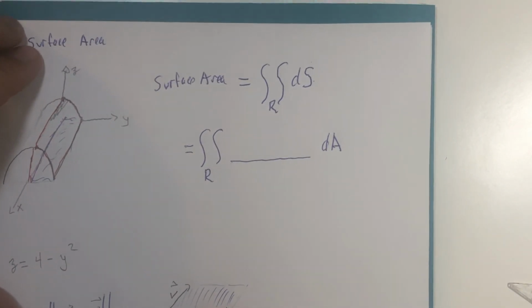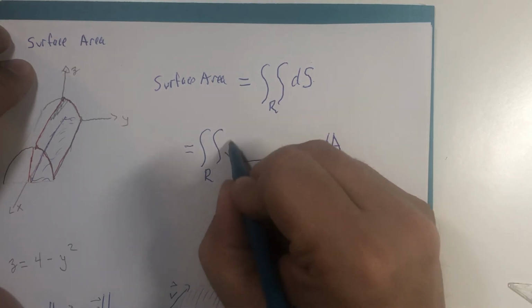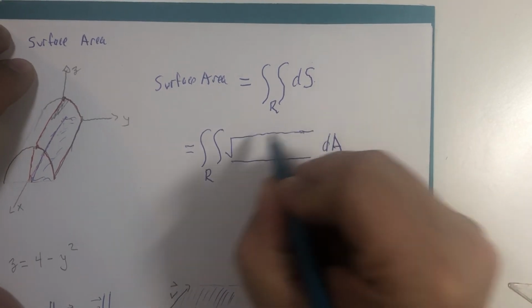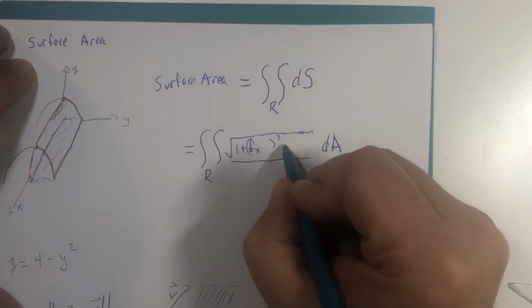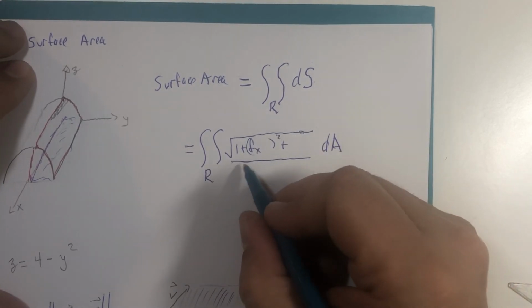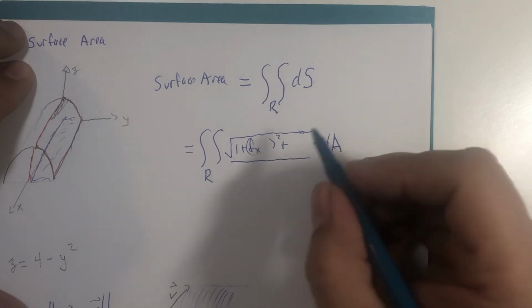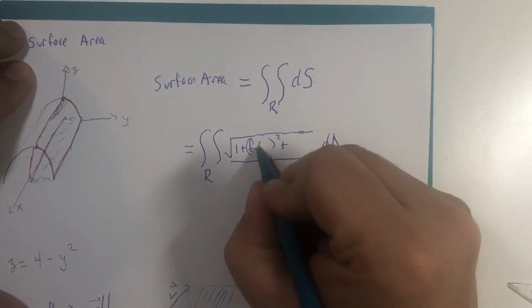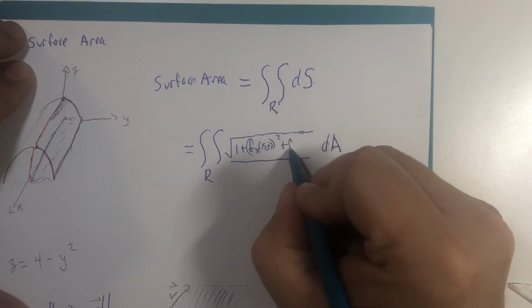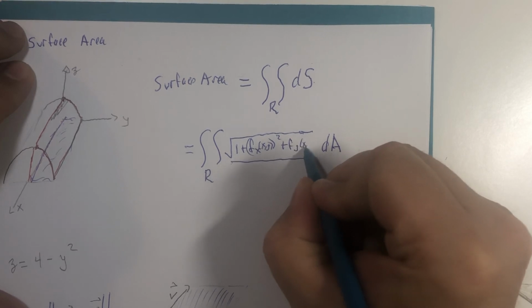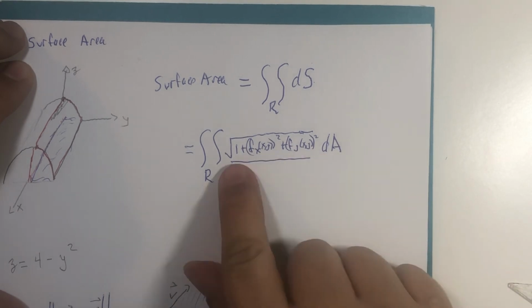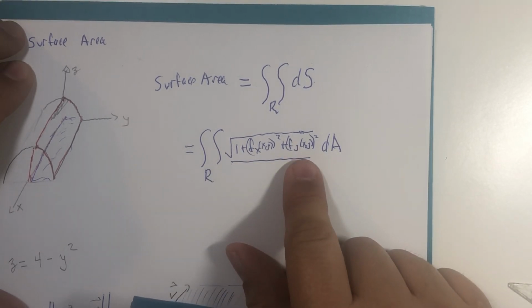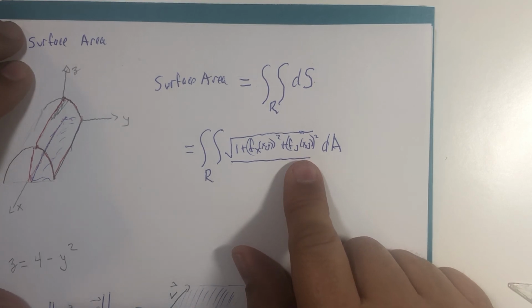Well, it turns out the surface area formula will sum this total: 1 squared is 1, plus the x partial derivative squared, plus the y partial derivative squared. And if you were to go back to Calc 1 or 2, you would see this is very similar to the arc length formula.